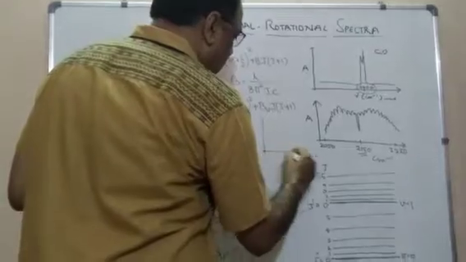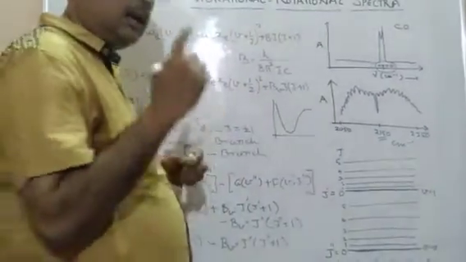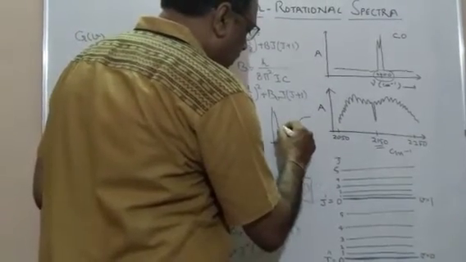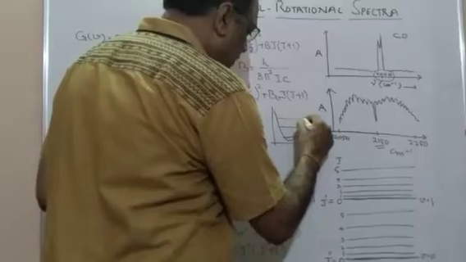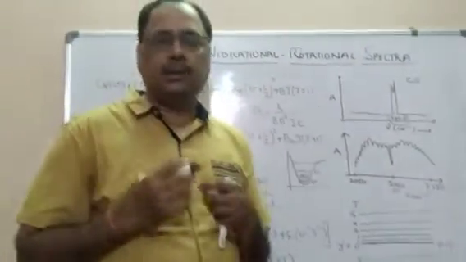Here we take two concepts. Our potential curve is anharmonic, and I also explained that each vibrational level consists of several rotational levels.